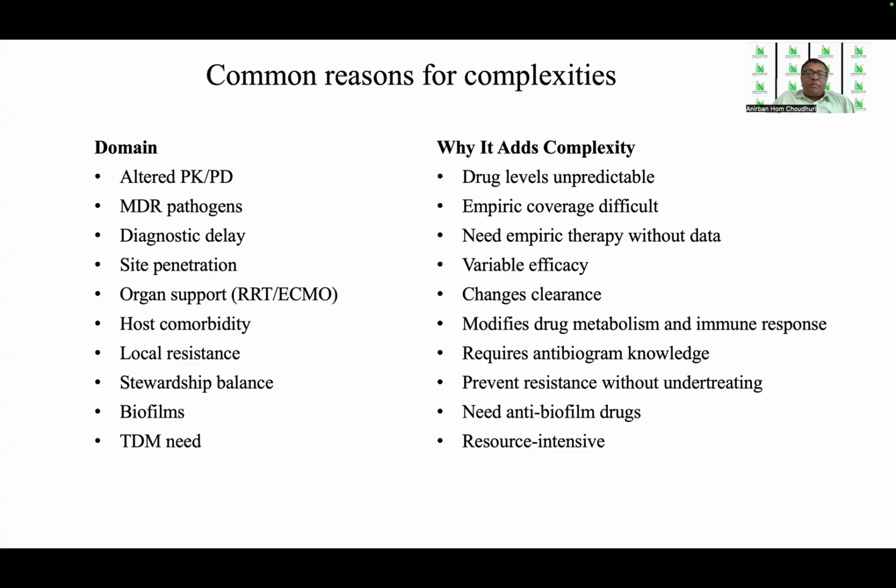Like altered PKPD, or pharmacokinetics and pharmacodynamics, makes the drug levels unpredictable. The MDR pathogens which are common in the ICU make empiric coverage difficult. Diagnostic delay can result in catastrophe, and therefore many a time needs empiric therapy without sufficient data.